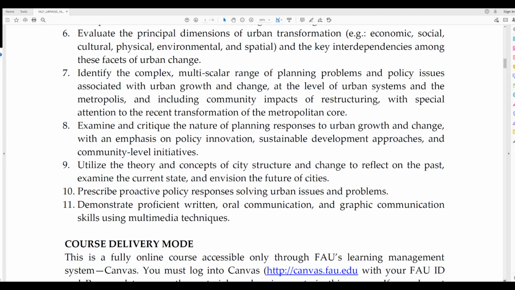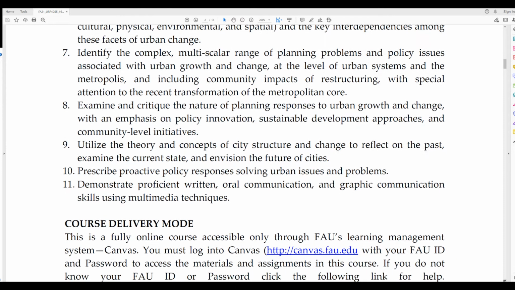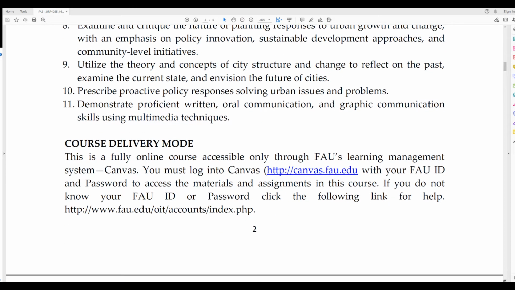And number 10 is to prescribe proactive policy responses, solving urban issues and problems. Number 11 is to demonstrate proficient written, oral communication, and graphic communication skills using multimedia techniques. So those are the learning outcomes, and all the course materials will be posted on Canvas.